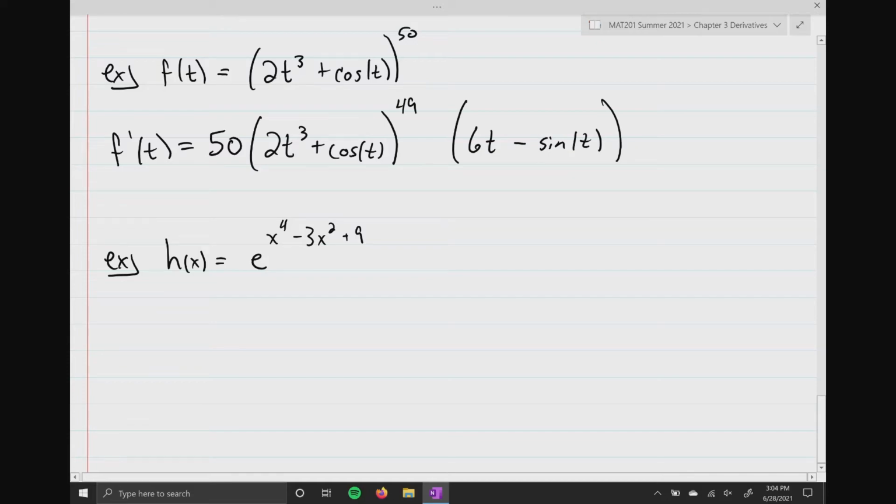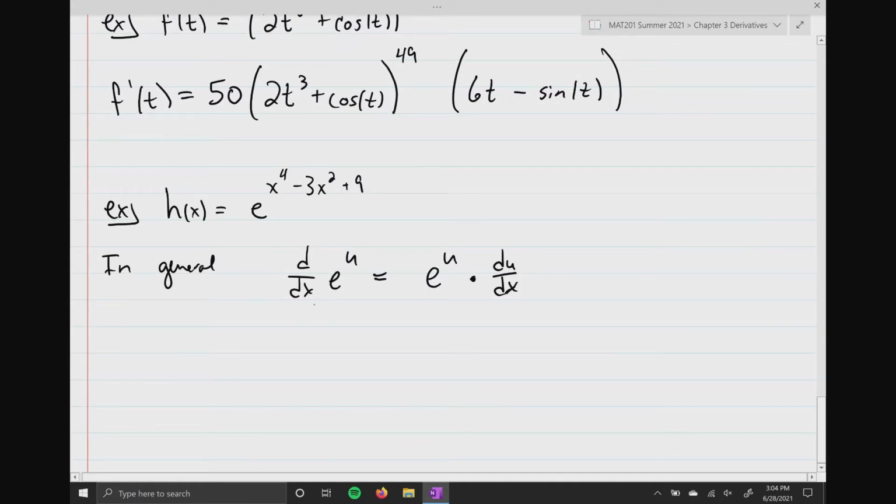So in general, the derivative of e to the u is going to equal e to the u times du dx. In other words, when you take the derivative of an exponential function just in general, okay, you rewrite the e to the u and then you take the derivative of the exponent itself.